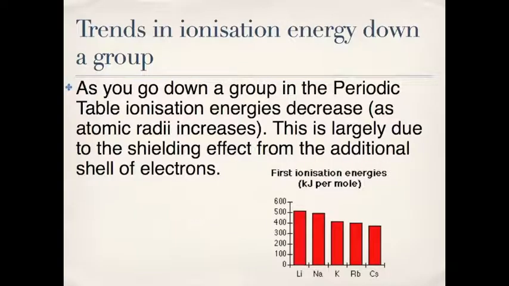Now, one major trend that was already demonstrated before is that as you move down a group in the periodic table, the ionization energy decreases rapidly. It's largely due to the fact that you now have an extra shell of electrons shielding your attraction to the positive nucleus. And in this case, it would be easy to remove an electron from a cesium atom compared to the lithium atom.